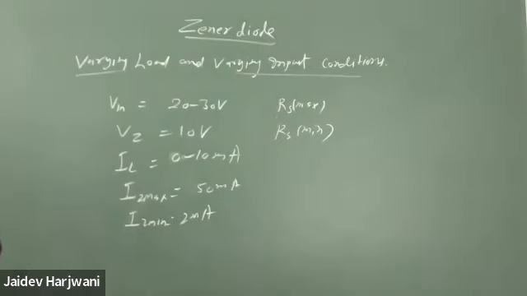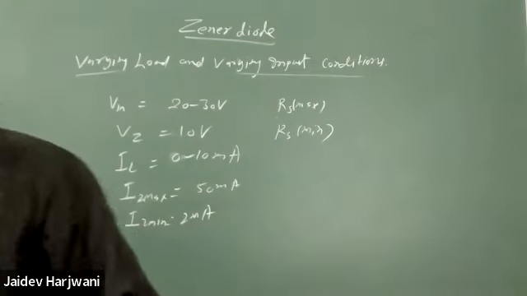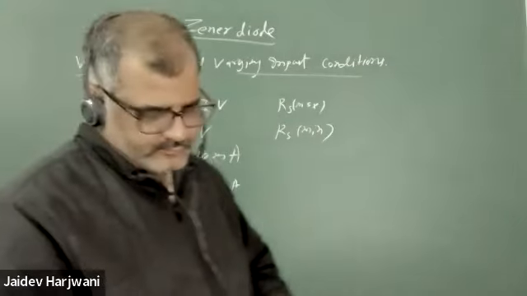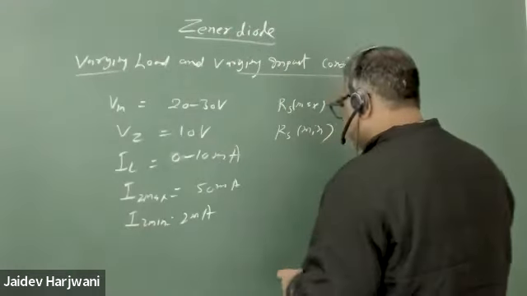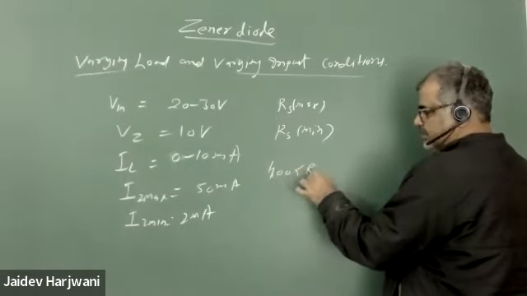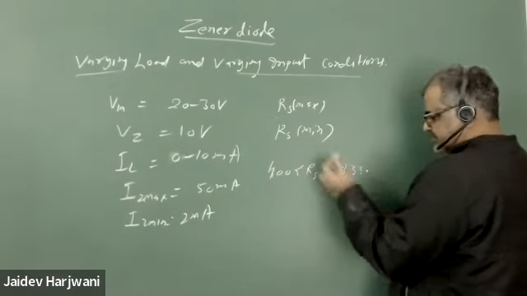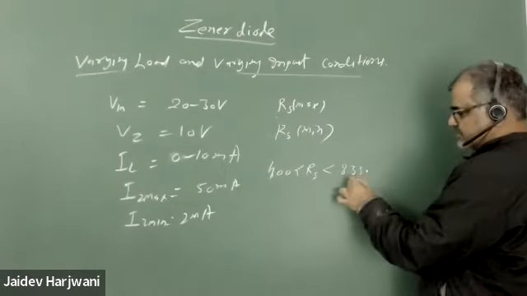RS max 834 ohm. Yes, and RS minimum. Okay, so the limit should come: RS should be between 400 to 833 point something, approximately 834.